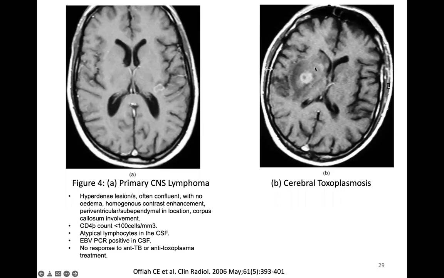And even if you look at the ventricle already, there is some mass effect. You see those two slits of the ventricles. Yes, they are asymmetrical. The left one, you can still see. The right is narrowed. It's all the mass effect caused by this toxo lesion.